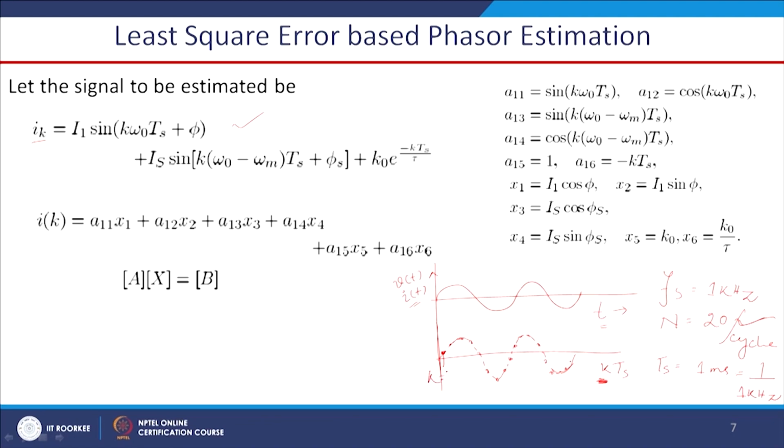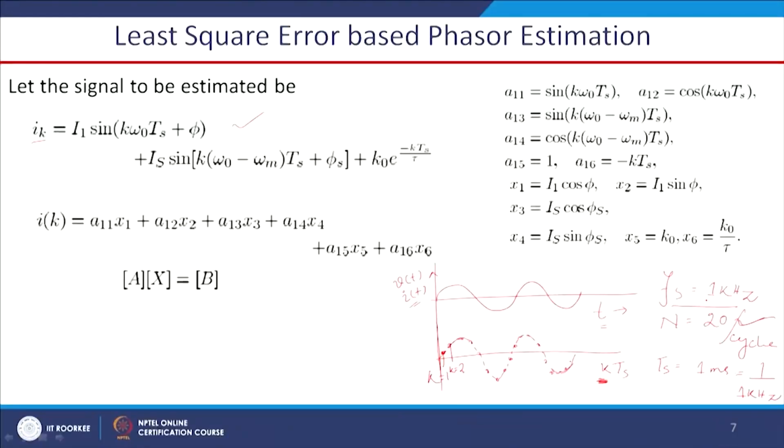Here k is equal to 1, in this case k is equal to 2 and so on. So, in a particular cycle k goes from 1 to 20 for one particular cycle. As we have discussed, if I maintain the sampling frequency as 1 kilohertz, in this case my number of samples is equal to 20 samples per cycle. That is what I just want to mention here.